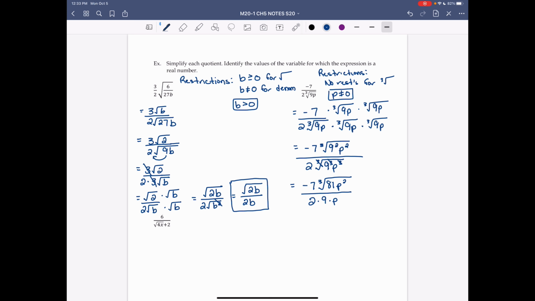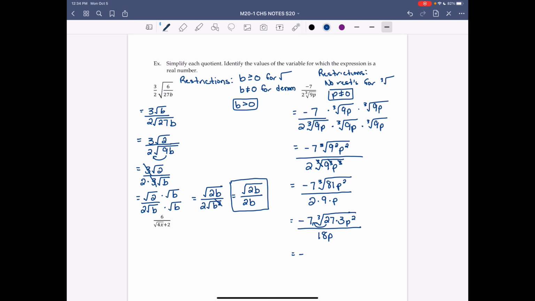Can we simplify the cube root of 81? Yes, we can divide 81 by 27, which is a perfect cube. -7 times the cube root of 27 times 3 p squared over 2 times 9 is 18p on the bottom. We can take the cube root of 27.